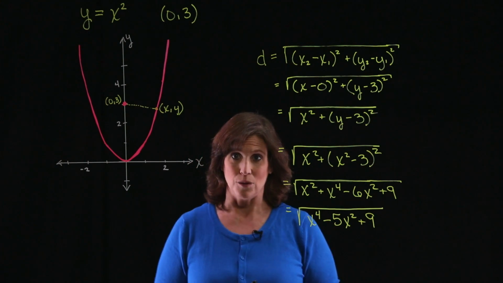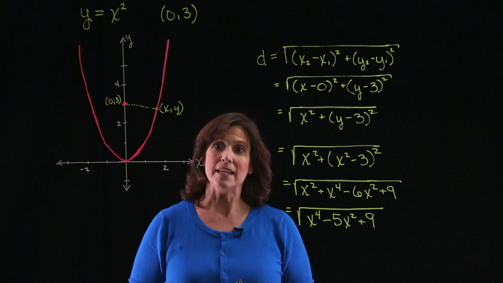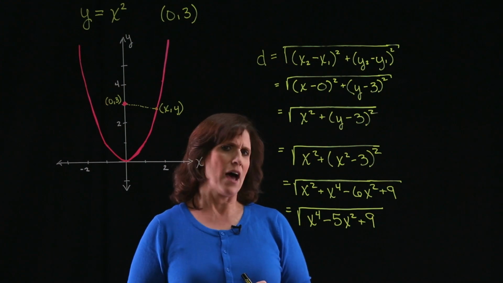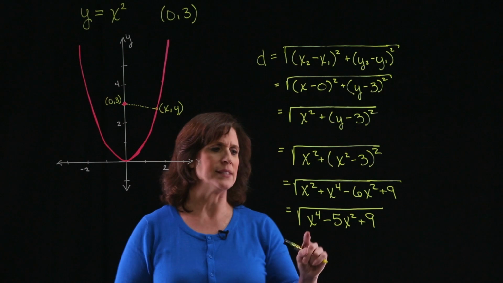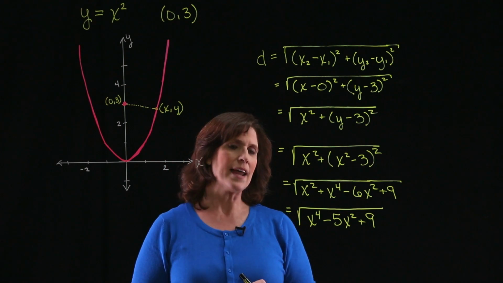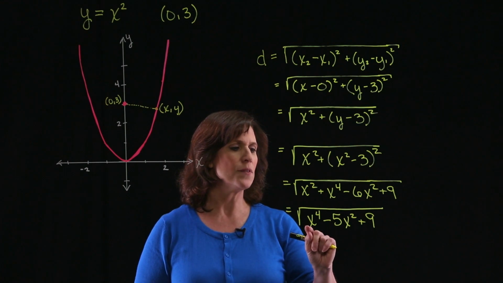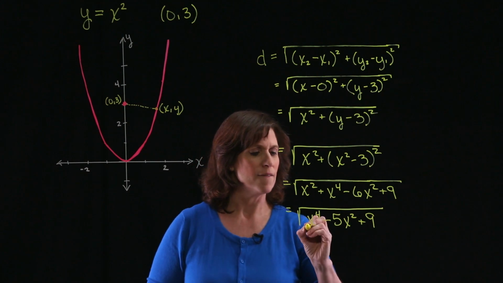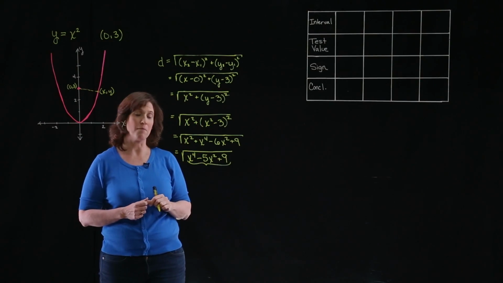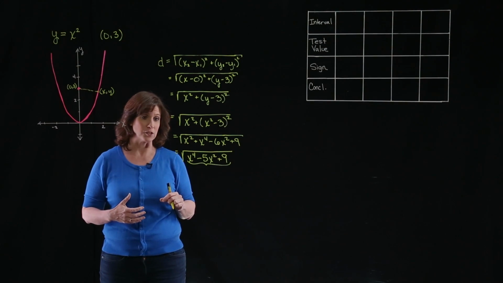The next thing I want to do is to find where the relative minimums occur. All right, well that means I need to find critical numbers. So I'm going to take the derivative. Now, if you think a little bit ahead, you might notice that taking the derivative of this function is going to be fairly complicated. And I know that the square root function is a strictly increasing function, so that means that whatever values are going to minimize the inside part, the x to the 4th minus 5x squared plus 9, will also minimize the square root function.